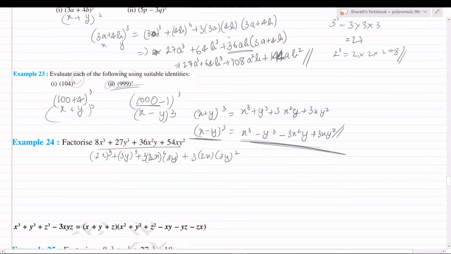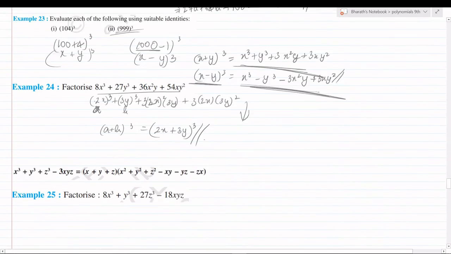Okay, now this is in the format of a plus b, such that you can write it as a and b. So a plus b whole cube. What's our a? It's 2x plus 3y whole cube. Done. This is the final, but there are more steps. Do write your steps. I'm not writing because I have less space. Done. And this is the next identity.